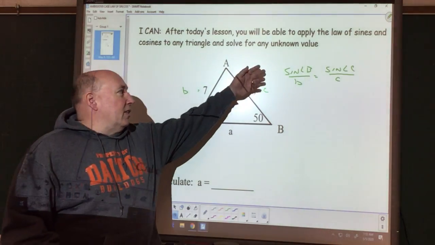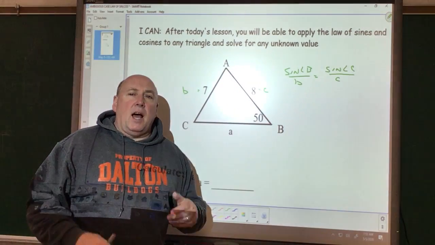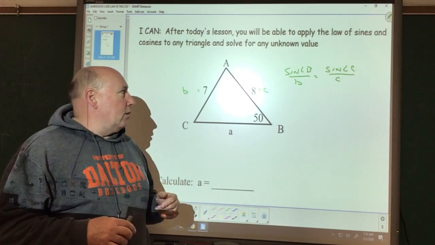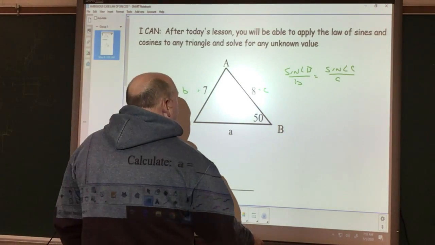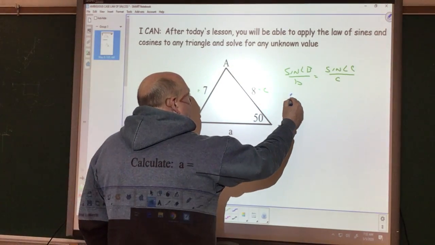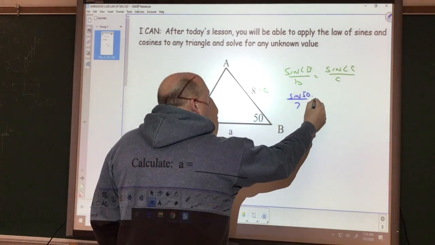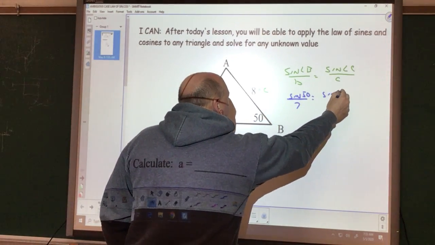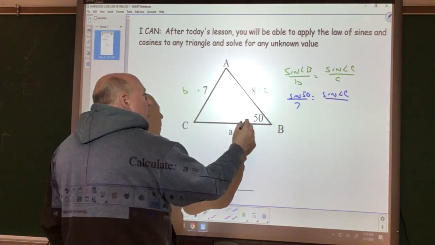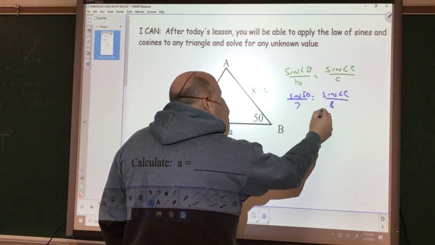The ratio of the sine of an angle to the length of the side opposite will be in proportion for any triangle. So if I substitute my values in here, I have the sine of 50 over 7 is equal to the sine of angle C over the value of 8.